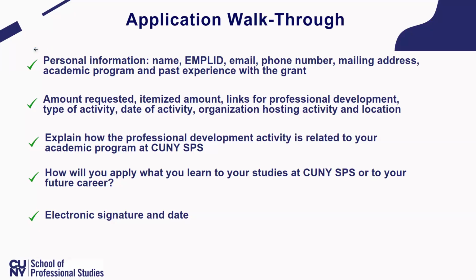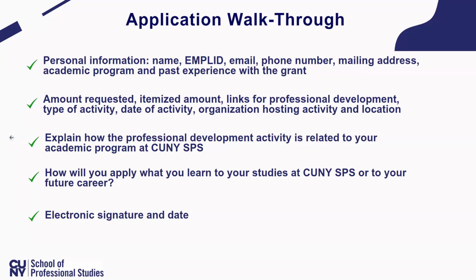We need your legal name because when we make out your check, it will need to be tied to your legal name. So your name, your MPL, your email, phone number, mailing address, academic program, and any past experience with the grant. We want to know how much you're requesting, the itemized amount. We want the links to the professional development activity, the type of activity, date, and organization hosting the activity.